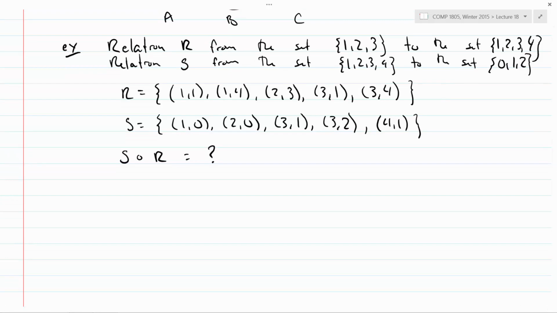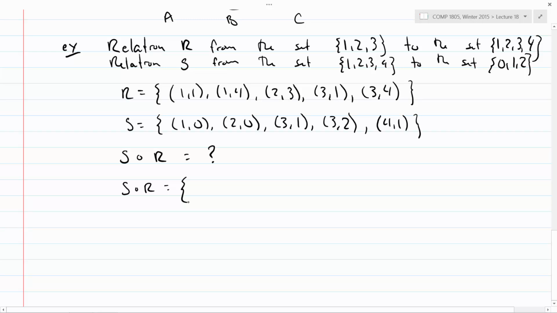So there's a couple of ways to do this. What I like to do is, usually when I write down my ordered pairs, I do it in lexicographic order, so alphabetical order. I sort by the first thing first, and then I break ties by the second element of the pair. And I only do that so that I can be nicely organized when I do my work. Of course, it's just a set, and therefore it doesn't have any order to it.